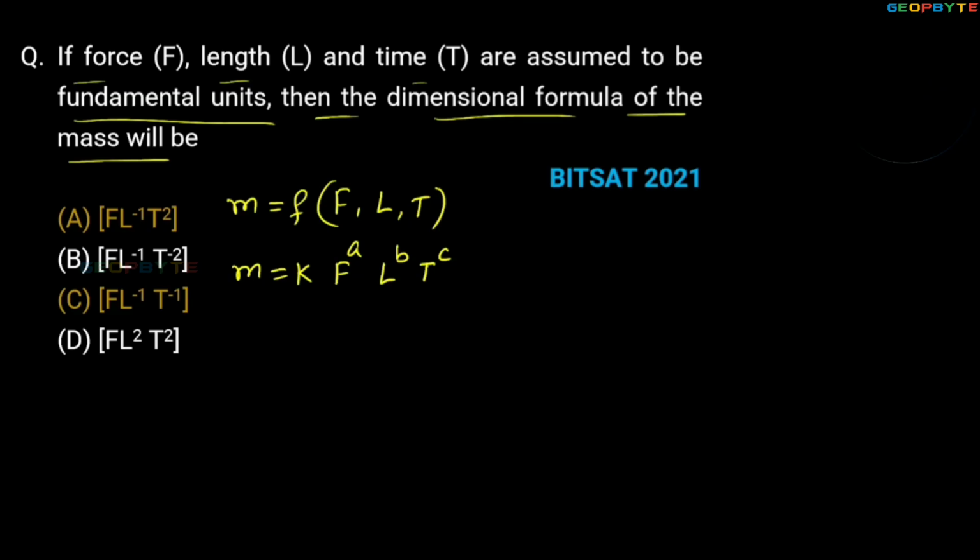Now you are asked to write in terms of F, L, T, and indirectly it is asking what are the values of a, b, c. For that, let us write the dimension for both sides. Mass dimension is M. Force dimension is M L T power minus 2.